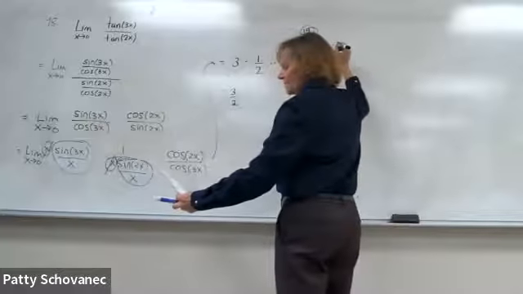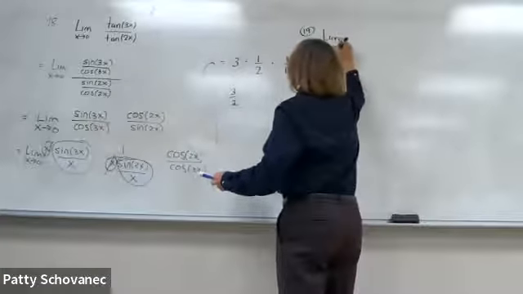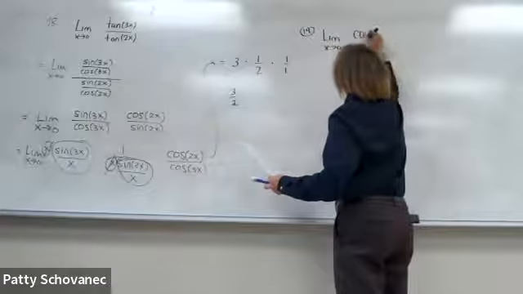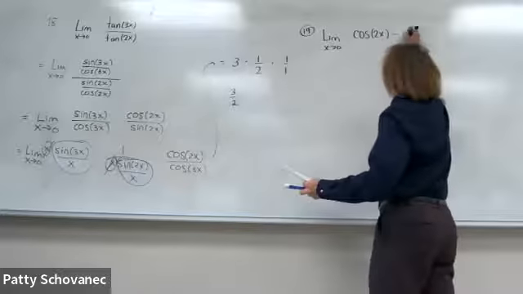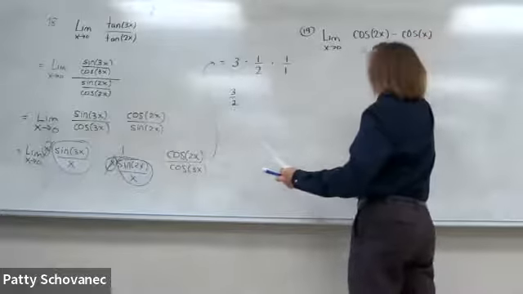Taking the limit as x goes to 0. I've got the cosine of 2x minus the cosine of x, all divided by x.